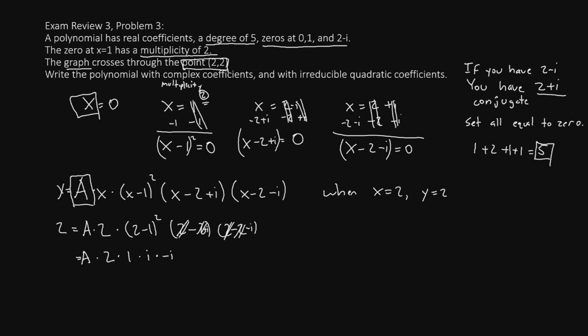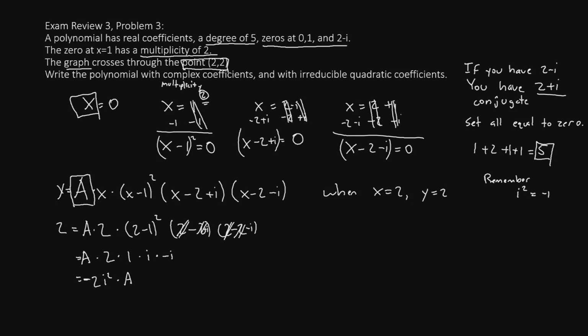If we have i times i, we'll have i squared. We also have the negative. So let's write all this down. We have a negative. We do the numbers. 2 times 1 is 2. i times i is i squared, and we still have the a. But remember that i squared is equal to negative 1.